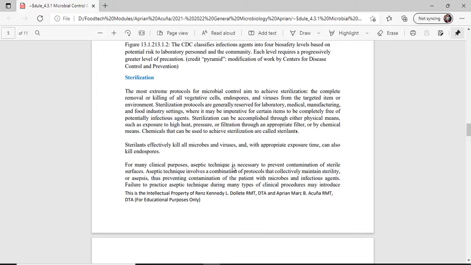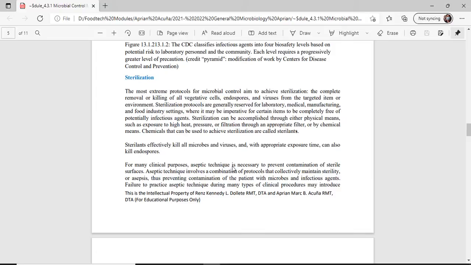Sterilization can be accomplished through physical means such as exposure to high heat or pressure, and also filtration through an appropriate filter, or by chemical means. Chemicals used to achieve sterilization are called sterilants. Sterilants are effective in killing all microbes and viruses, and with appropriate exposure time can also kill endospores. For many clinical purposes, aseptic technique is necessary to prevent contamination of sterile surfaces.